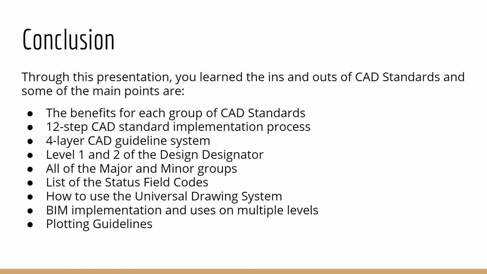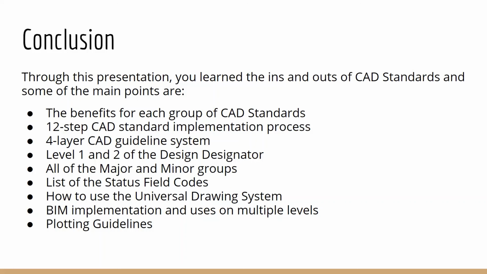We went through the 4-layer CAD guideline system, which was the discipline designator, the major group, the minor group, and the status. The major group outlined the overarching building systems. The minor group further defined that layer. The status defined the construction status of those layers.